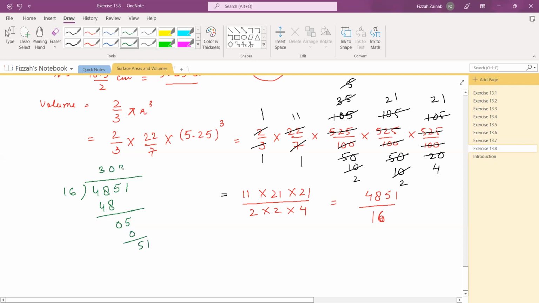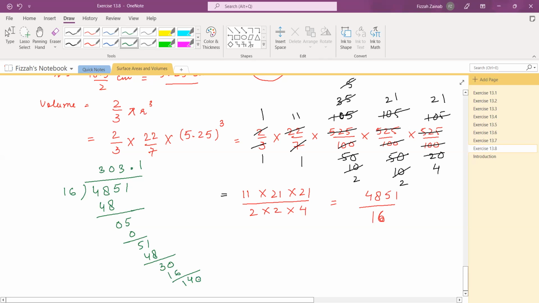So again 3 times it will go, 48, right? So I'm left with 3. Now you put a point here. So 30, and 16 into 2 is 32. So 1 time it will go, 16, and 10 minus 6, 4, and I'll get 14. Then I can put a 0.